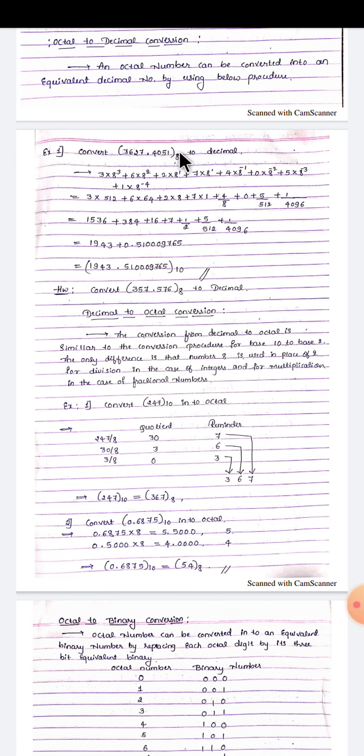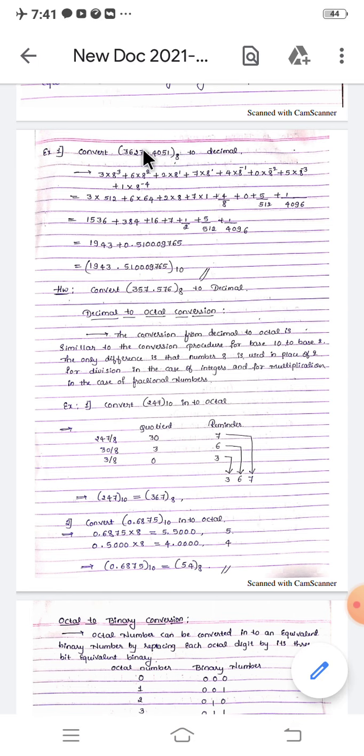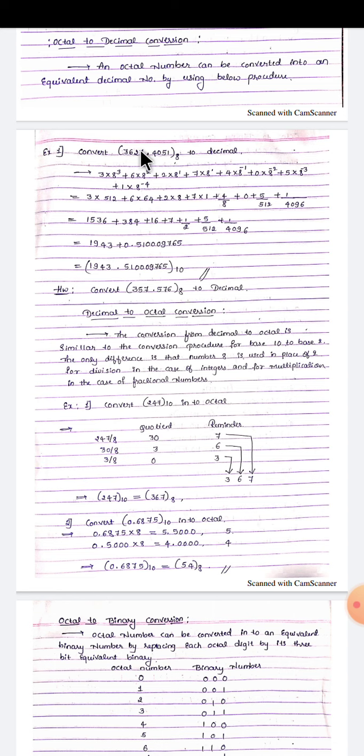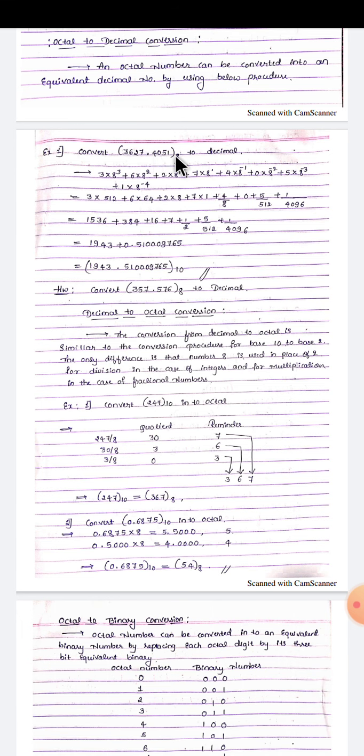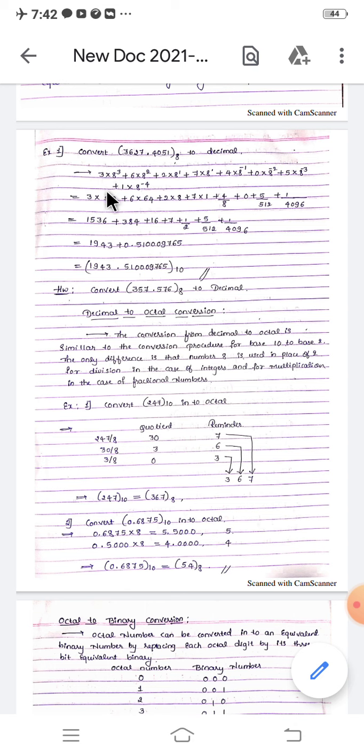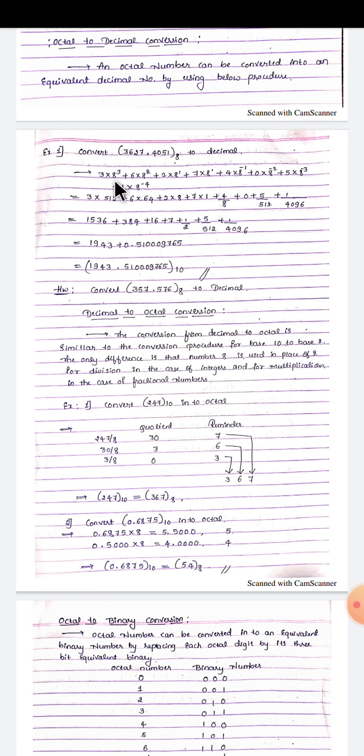See here, binary to decimal, how will we convert? This point is there, no? Before the point it is 2 raised to 0, 1, 2, 3, and after the point 2 raised to minus 1, minus 2, minus 3, minus 4. Similarly in octal, instead of 2 we have to take 8.